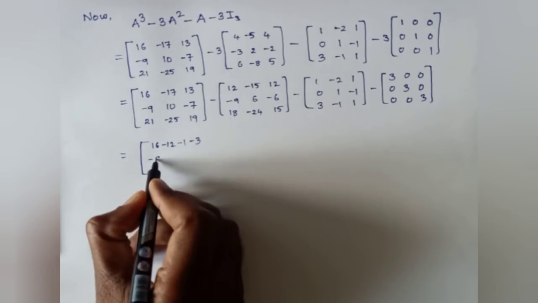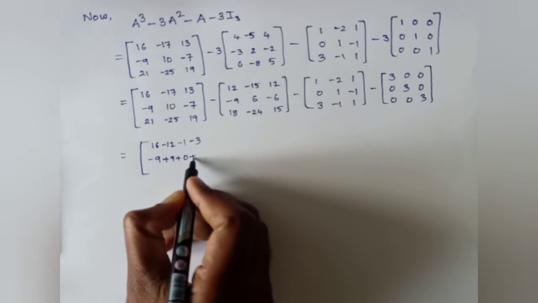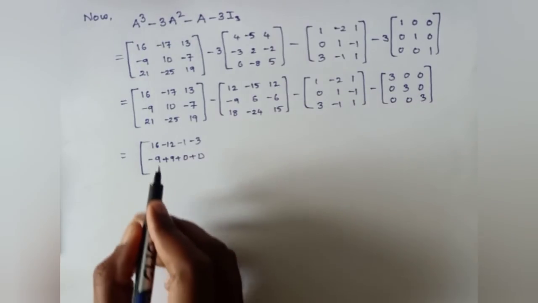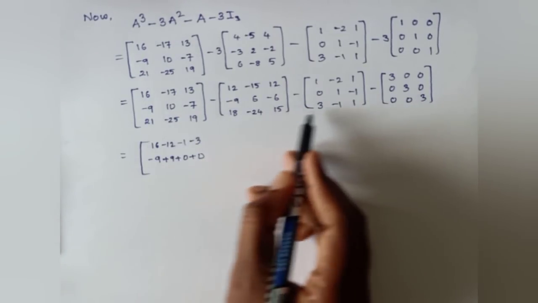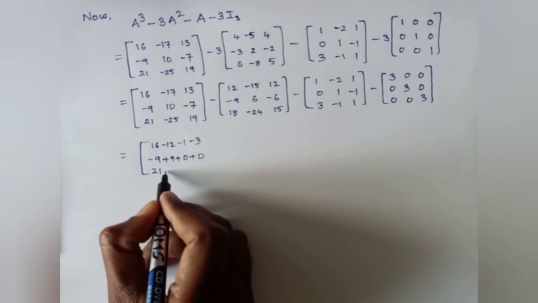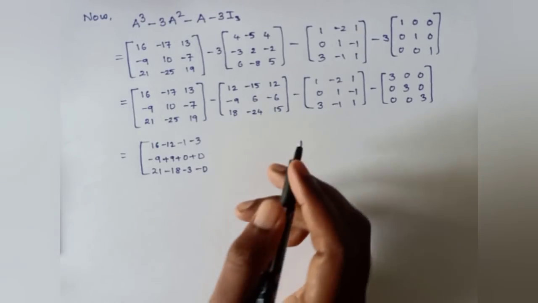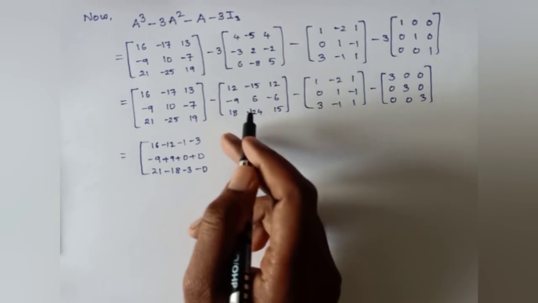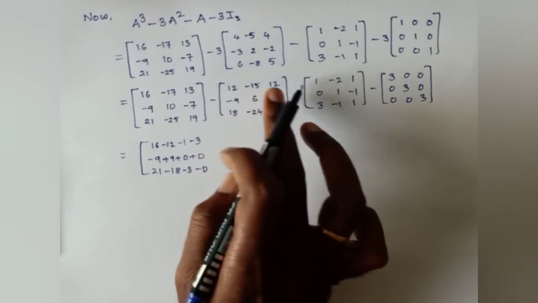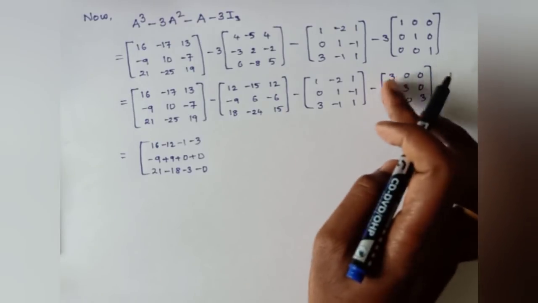Next, minus 9 plus 9 plus 0 plus 0 plus 0 or minus 0. Next, this element 21 minus 18 minus 3 and 0. Next, second column, minus 17 minus 15 with negative and minus of minus 2 and 0.